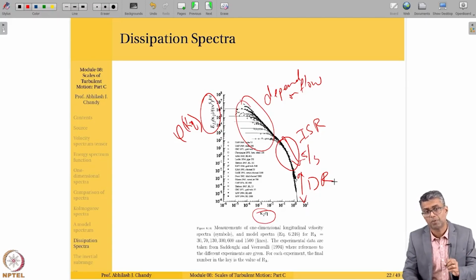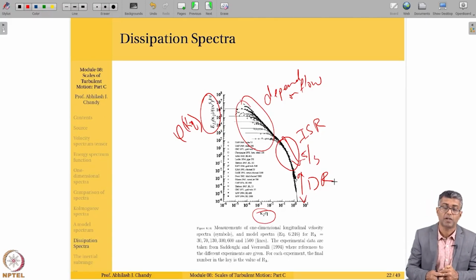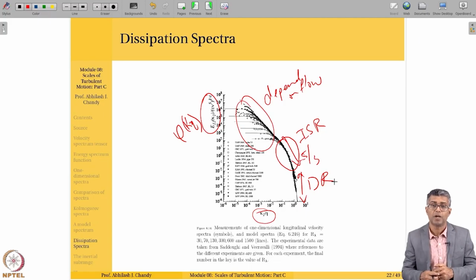So all the symbols shown in this plot are experimental data. You can see some lines plotted as well. These lines are the model spectra according to the experimental data. So a model spectra has been constructed based on the data that it is compared against. It has been constructed and plotted alongside.